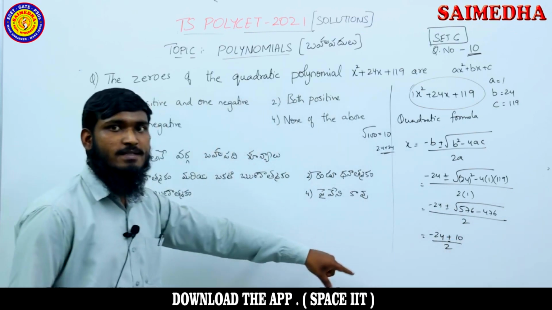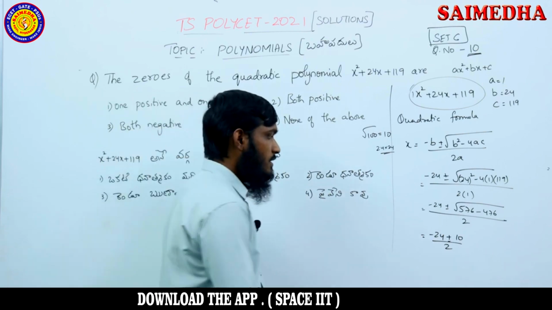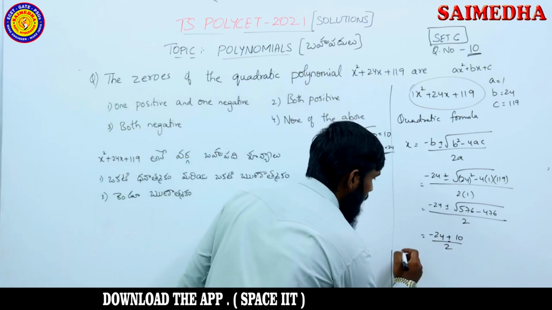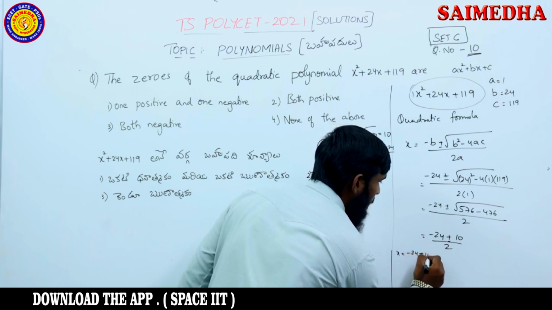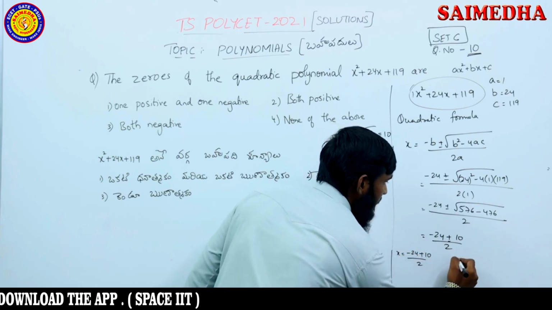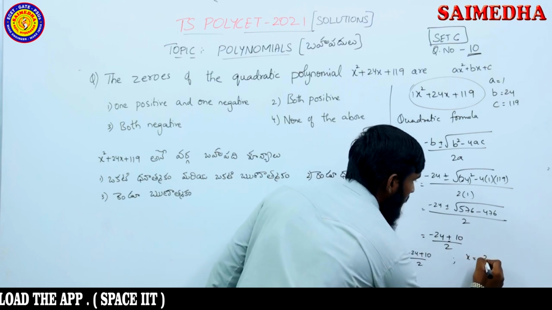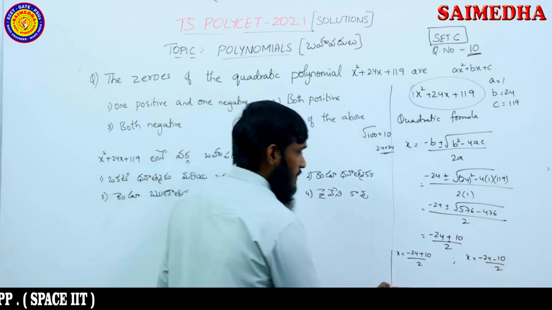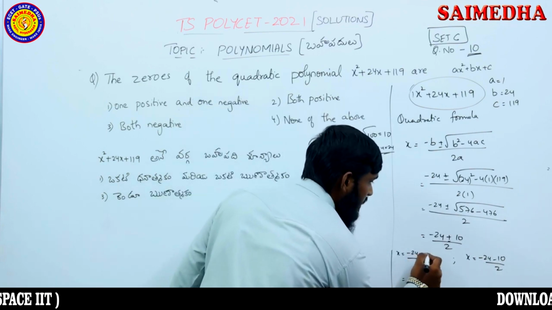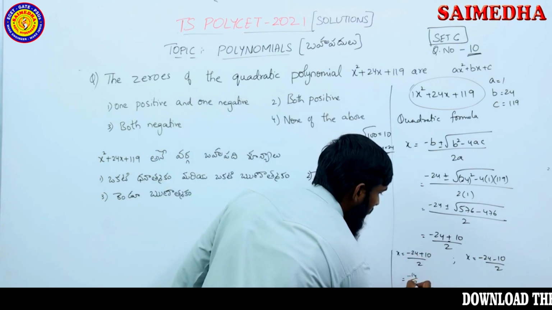Now there will be two cases. In the first case, x is equals to minus 24 plus 10 divided by 2, and the second case will be x is equals to minus 24 minus 10 divided by 2. So x is equals to minus 24 plus 10, which is minus 14 divided by 2.